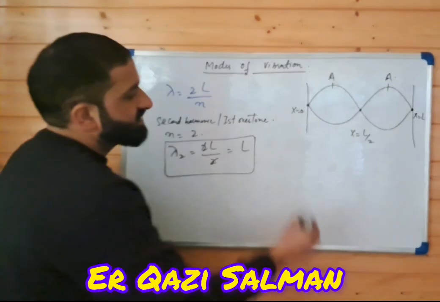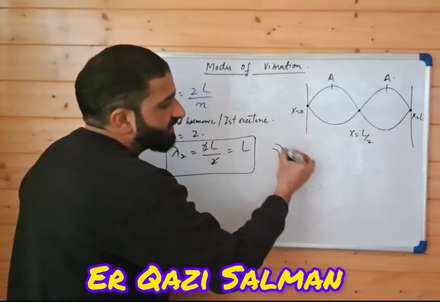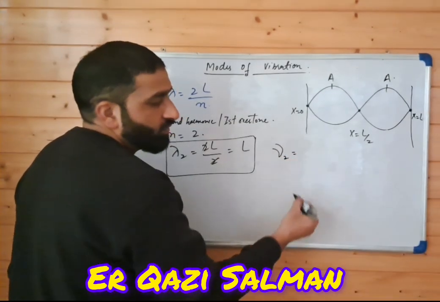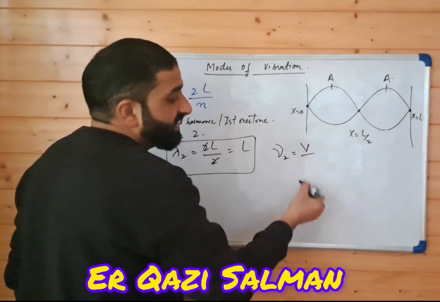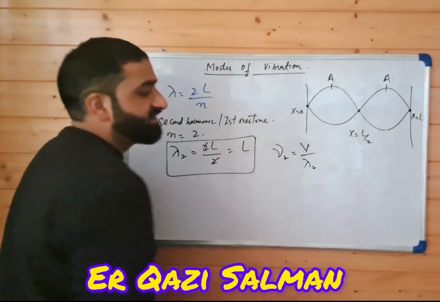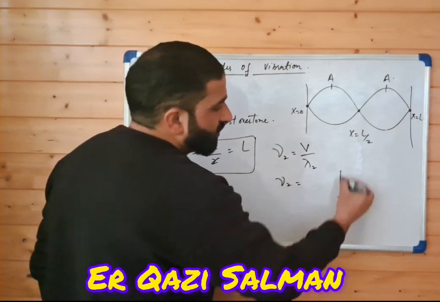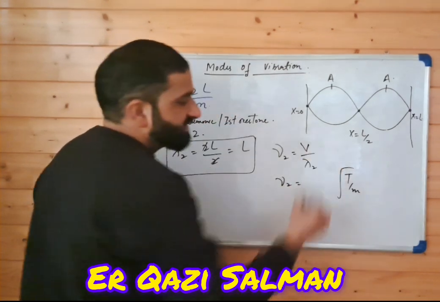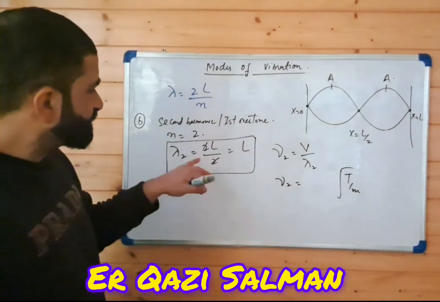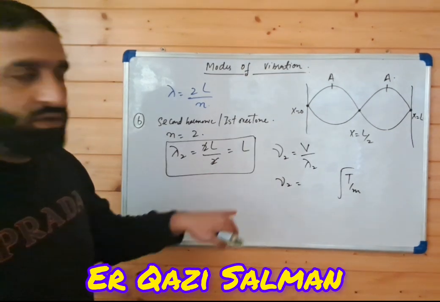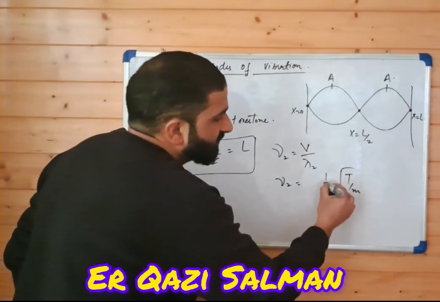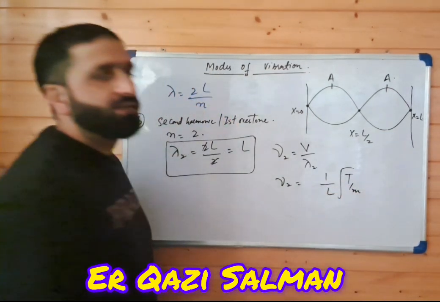Looking at the frequency, nu2 is equal to the velocity divided by the wavelength, that is v divided by lambda 2. So nu2 is equal to root of T divided by m, the velocity as already discussed, and lambda 2 is equal to L, so nu2 is equal to 1 by L root of T divided by m.